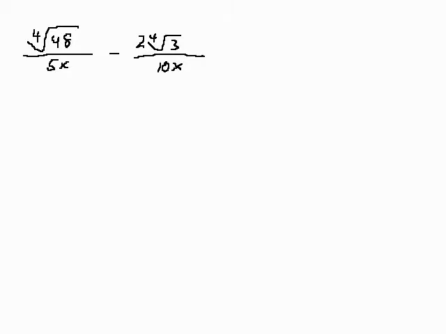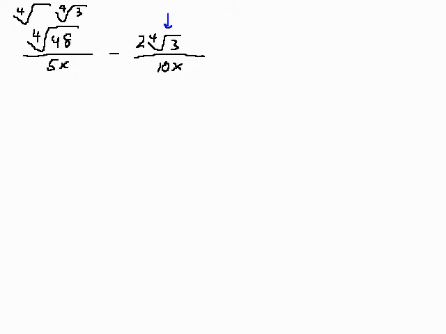Now, I have just given you a gift from heaven right here because this second radical is already what? Simplified. You can do nothing with the fourth root of 3. It's already all done. There's nothing you can break that apart into that's going to make it any better than it is. So right away, I'm thinking this first radical is going to be the fourth root of something times the fourth root of 3.